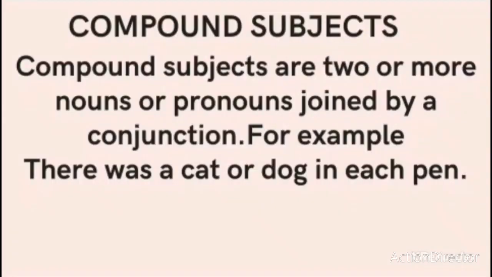We move on to compound subjects. Compound subjects are two or more nouns or pronouns joined by a conjunction. For example, there was a cat or dog in each pen.